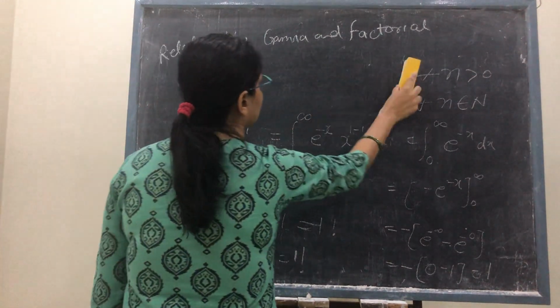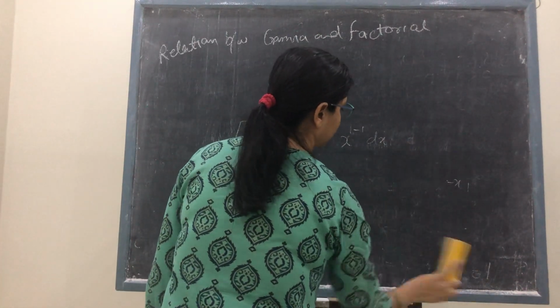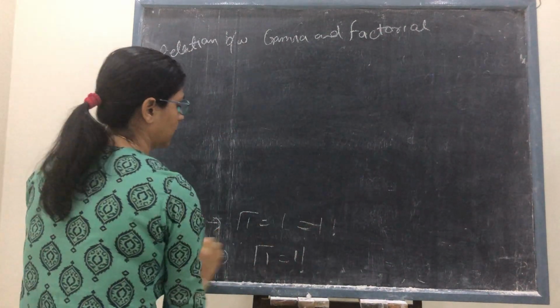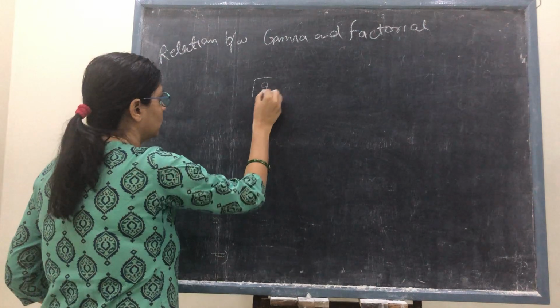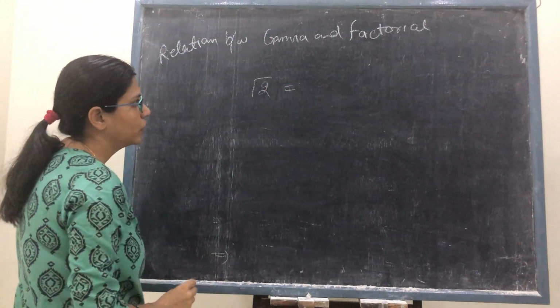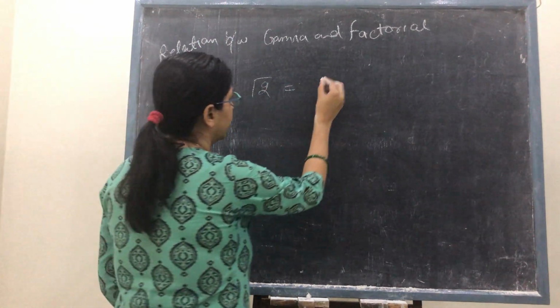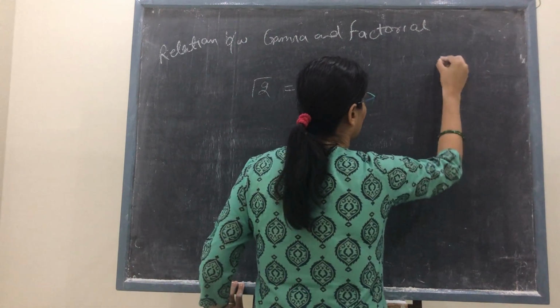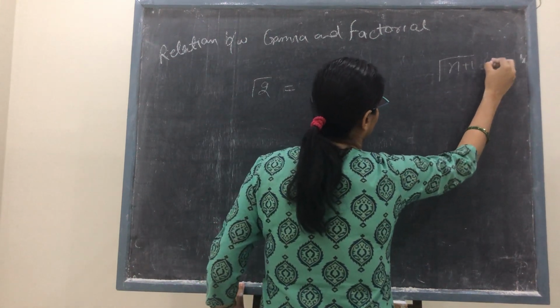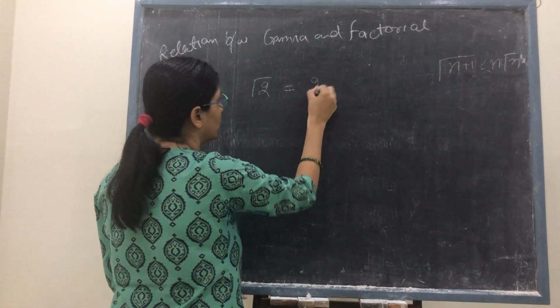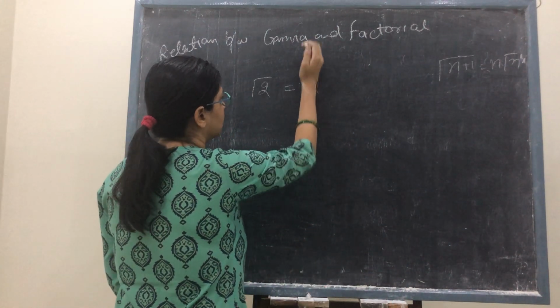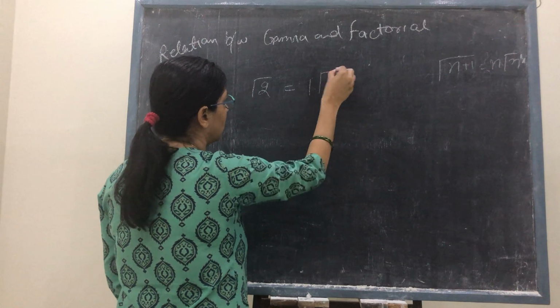Similarly, using mathematical induction, what is gamma of 2? Applying the formula gamma of n plus 1 is n gamma of n, gamma of 2 is 1 into gamma of 1.